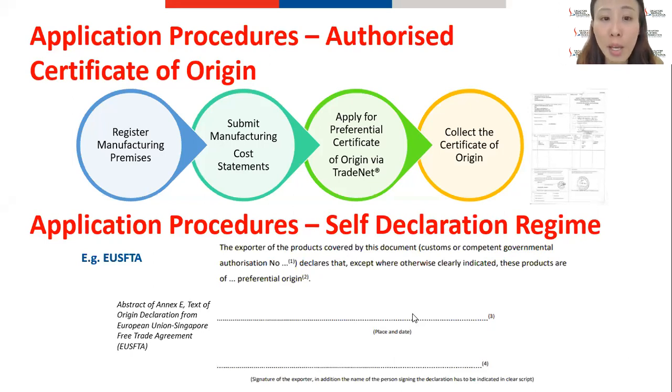Which means that we have a fair bit of companies who are using the wholly owned rule, change in HS code, RVC, and also the process rule. Thank you.